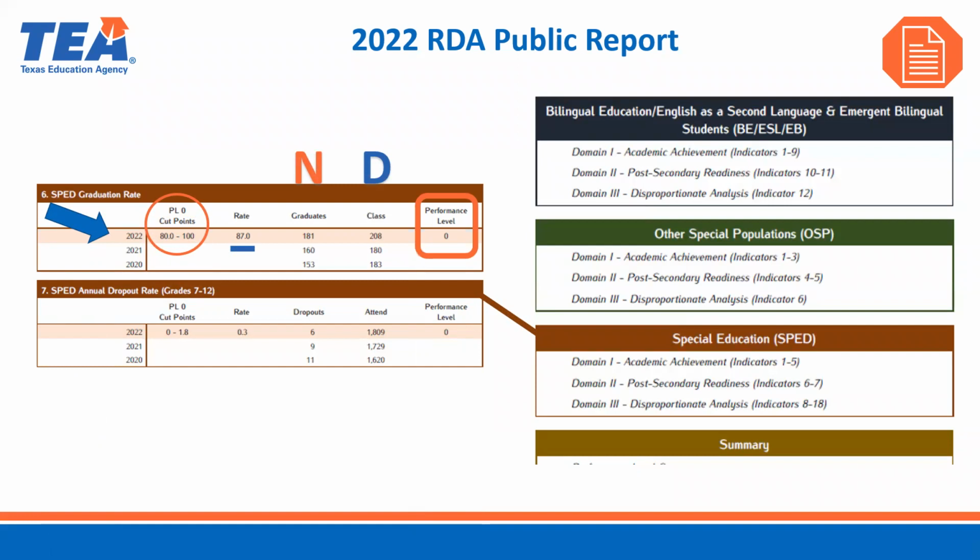Reports include 3 years of available data with current year performance level 0 cut points when available. Rates are assigned based on numerator and denominator data included in the report, and performance level assignments are displayed for all applicable indicators. Data contained in the RDA LEA reports inform the monitoring diagnostic frameworks for each of the included program areas.